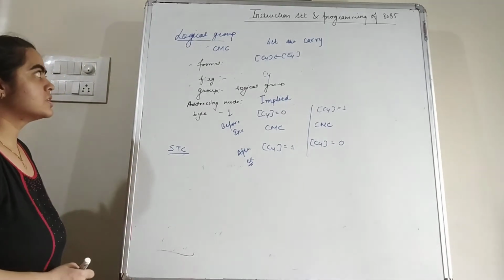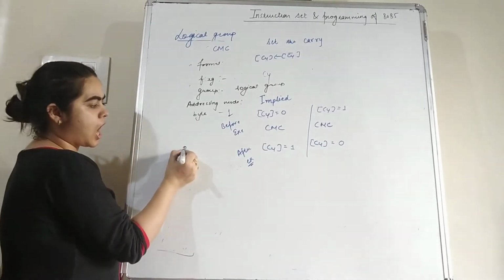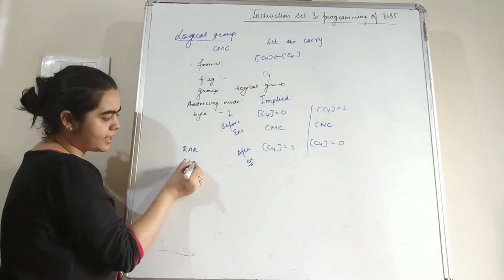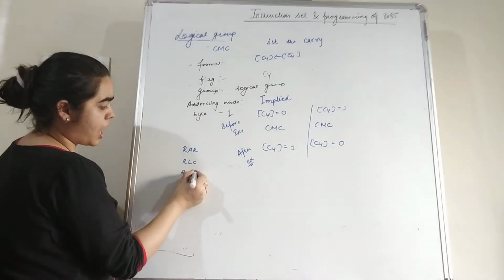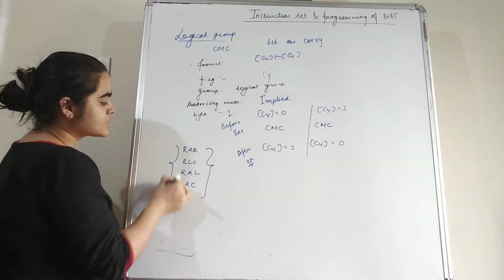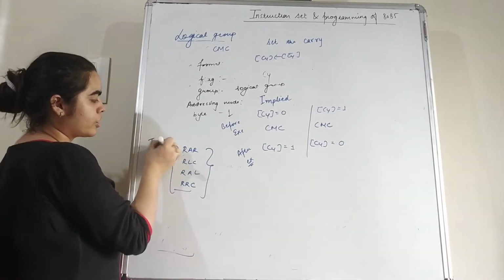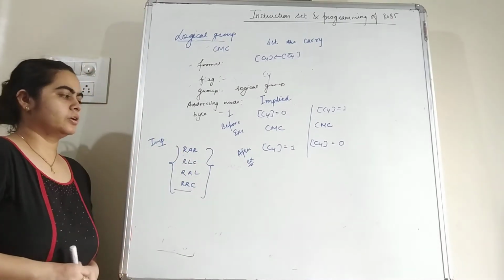Now the next 4 instructions we have in the logical group are RAR, RLC, RAL and RRC, and these instructions are very, very important. So next we can discuss these 4 instructions one by one.